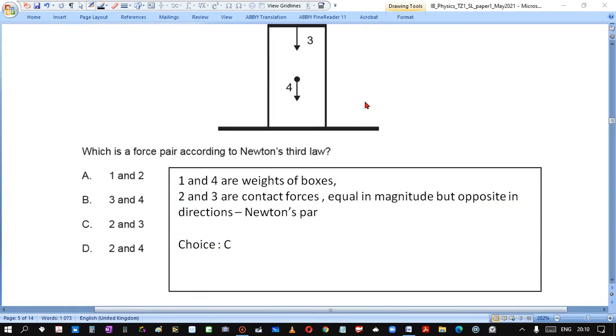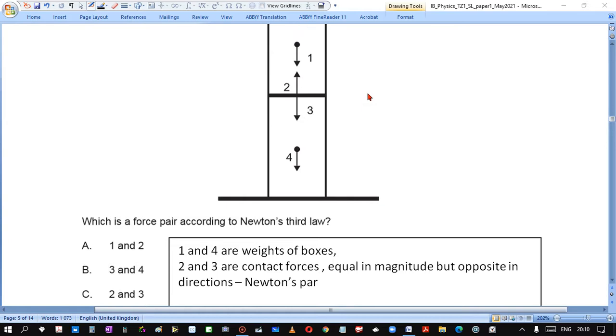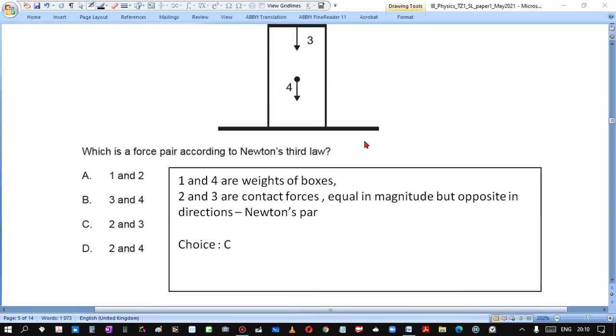Which is the force pair according to Newton's third law? 1 and 4 are weights of the boxes, so they are forces acting from Earth. 2 and 3 are contact forces, equal in magnitude but opposite in direction, so they are the Newton pair for these two boxes.